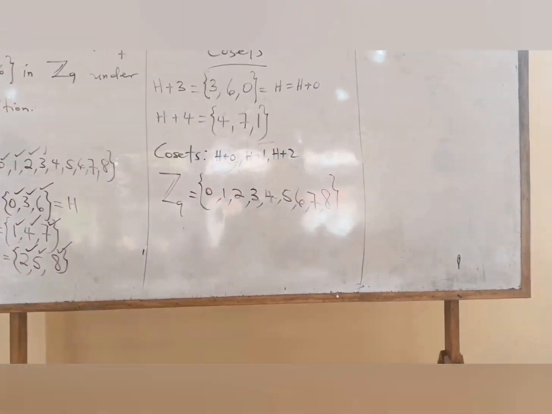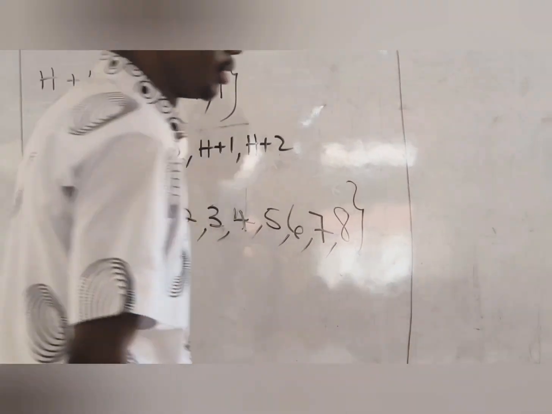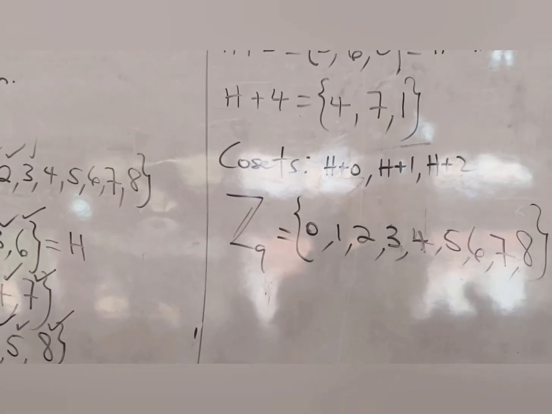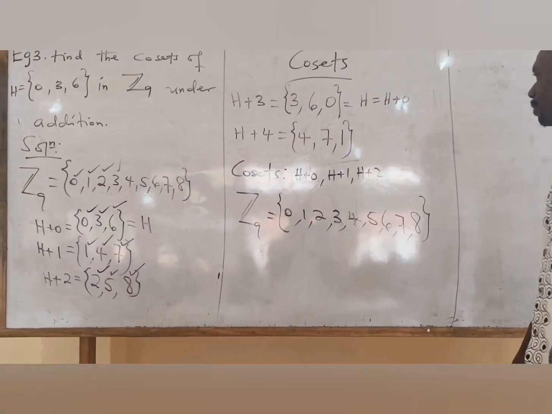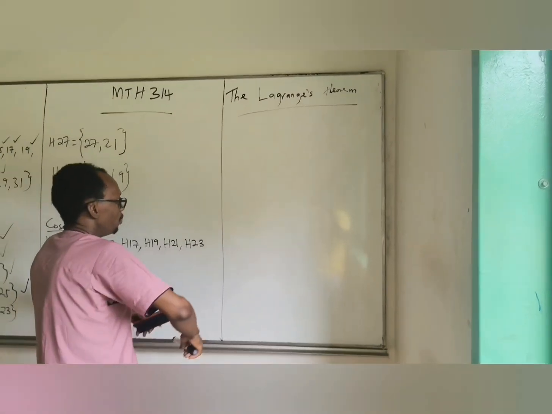So take note of that. Anytime it starts to repeat, it's possible you have found all your cosets and you stop. But you have to cross-check whether you have really met all the partitions that form it. Lagrange Theorem.